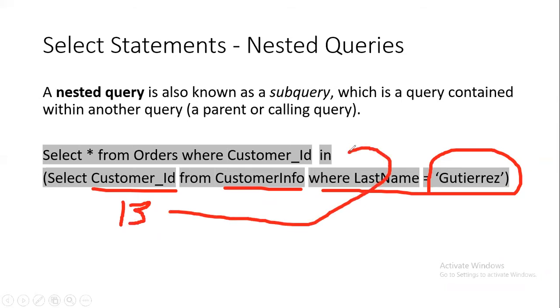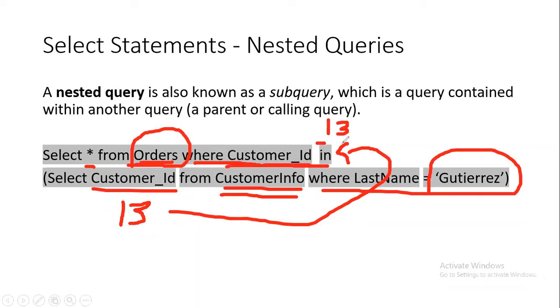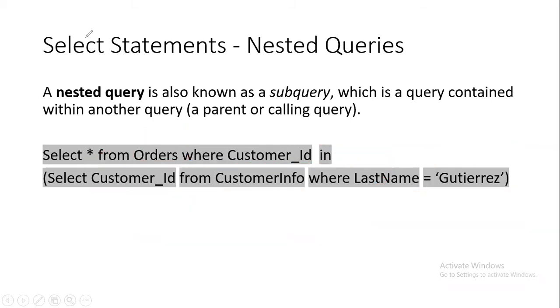Yun yung data na ibabato niya kay parent query. So sa parent query, select all from table orders. So, dalawang table na. Kanina, customer info. This is table orders na. Where customer ID is equals to 13. Yung binato niyang na-return na data. So, sa table orders daw, hanapin ko yung customer ID. Kapag 13 yan, fetch the record. So, that is nested query.